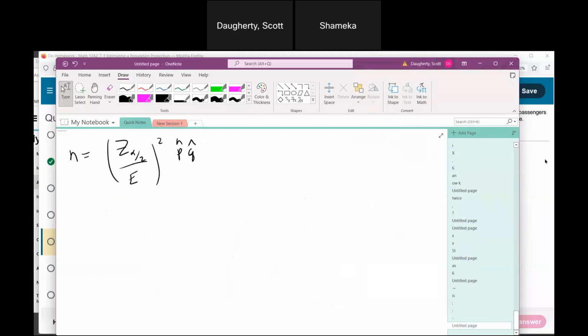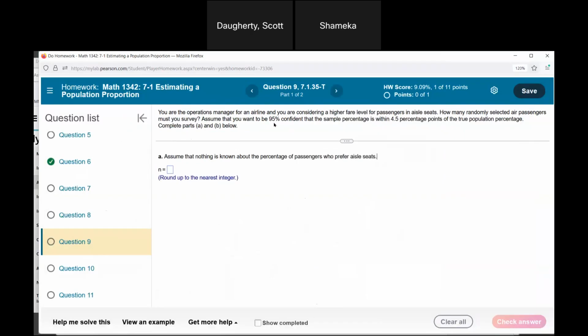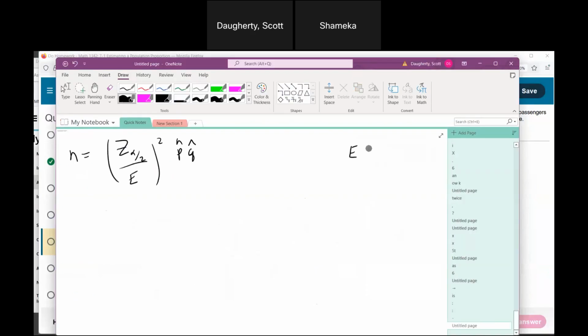Okay, so let's go back to the problem. So this one says we want the margin of error to be within 4.5%, and ultimately we want a 95% confidence interval with that margin of error, or within that margin of error. So we want the margin of error to be less than 4.5%.